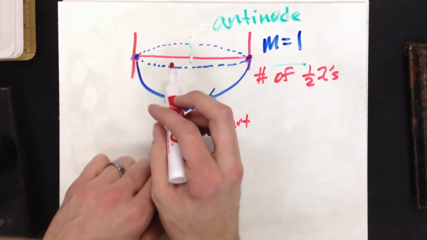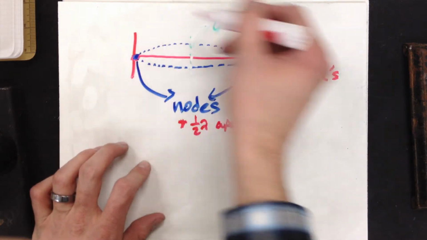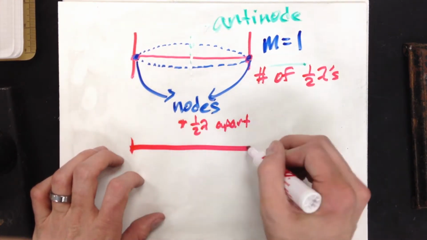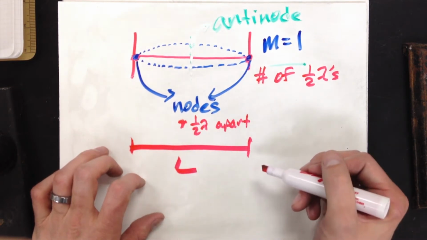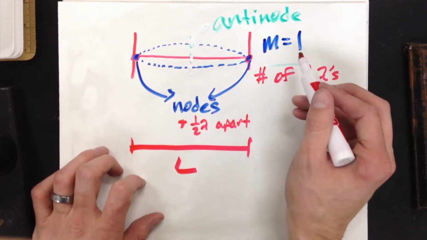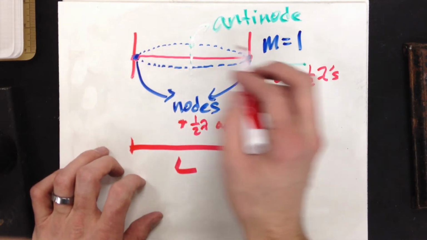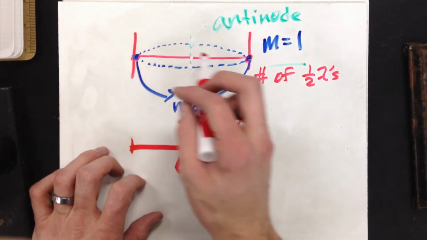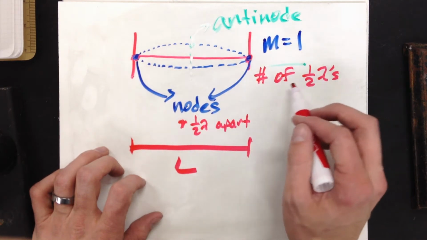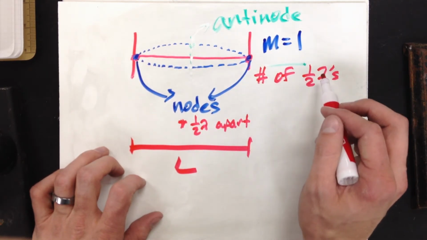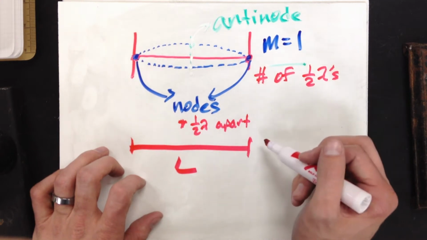So what I have here, m equals 1. This whole string has a length L. And m tells you how many half wavelengths you have across the string. So these are my two adjacent nodes. They are 1/2 wavelength apart, which means I only have one 1/2 wavelength. So m is 1.